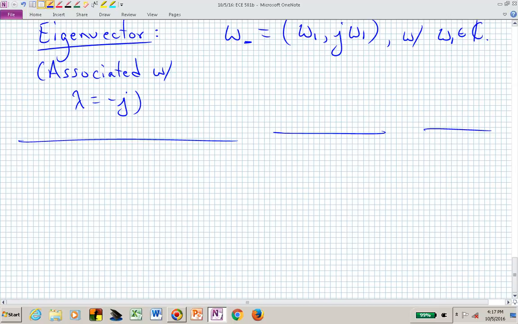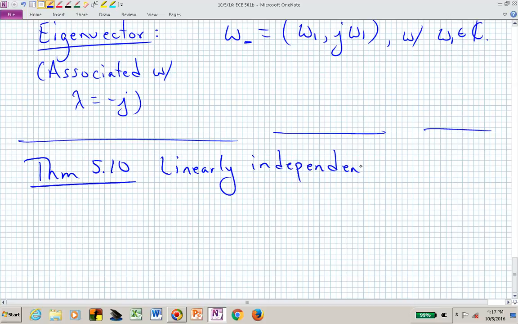Let's now get into some of these facts or relationships in Chapter 5, and in particular, let's look at Theorem 5.10, which is titled Linearly Independent Eigenvectors.